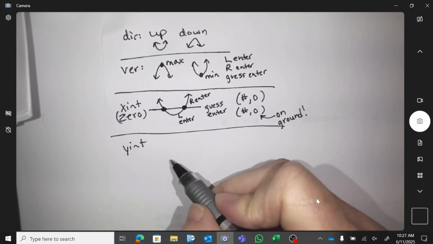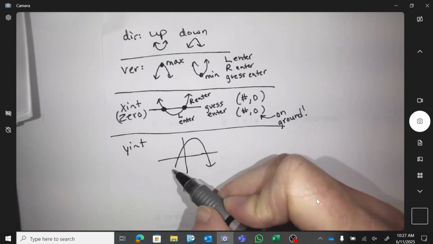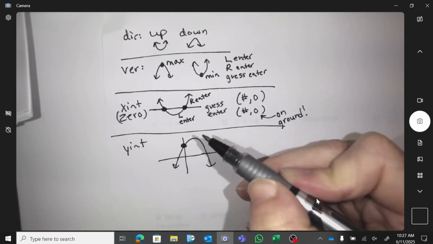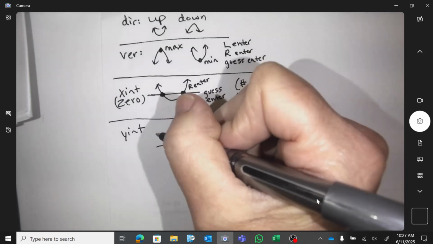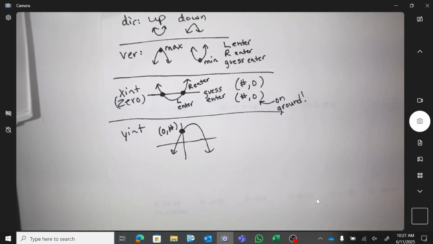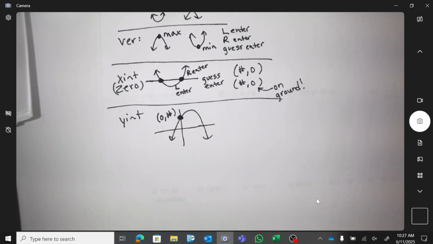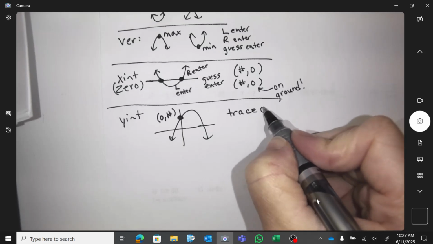Y-intercept. Y-intercept is (0, number). How do you get to that? Hey, I know the x value. So what do I do if I know an x value? Trace 0.